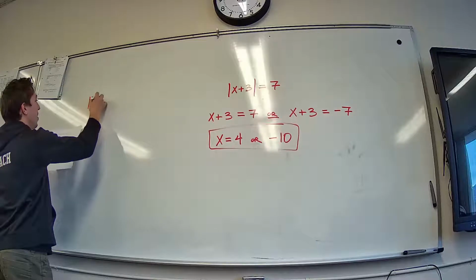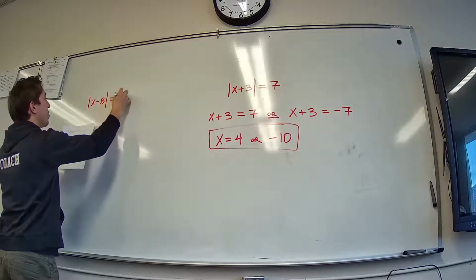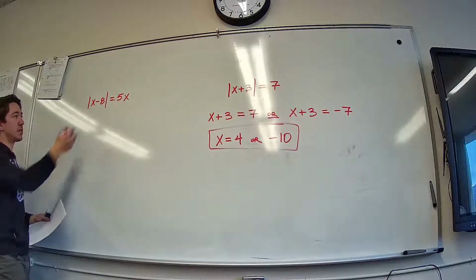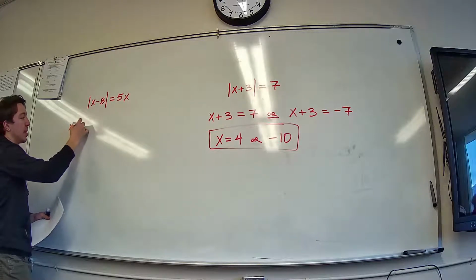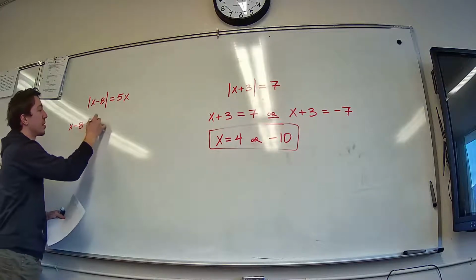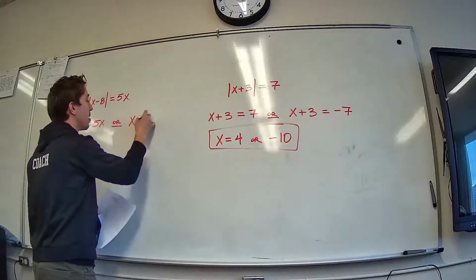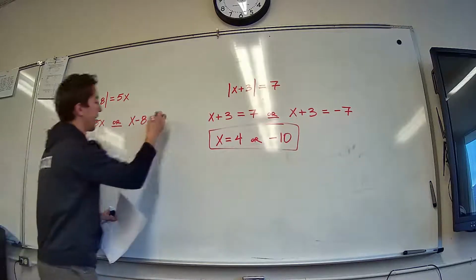Absolute value of x minus 8 is equal to 5x. Okay, so there's two possibilities. Either x minus 8 is equal to 5x, or x minus 8 is equal to negative 5x.